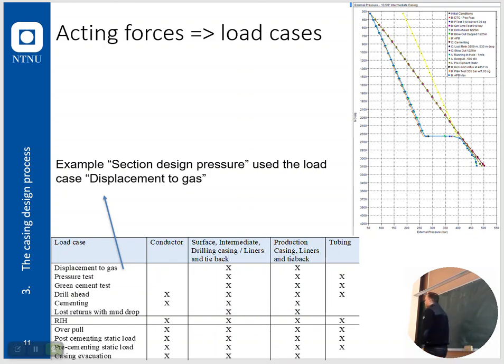Say that you have total losses, and what we do in that case, per industry standard, or what has been adopted over to governing documentation for many companies, will be to set the mud level with the specific weight you have. Let's say that it's 1.5.